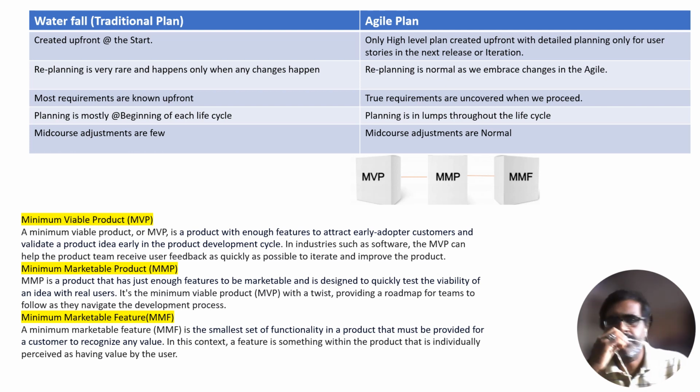And while discussing prioritization, we are going to discuss customer value prioritization and story mapping. So these are the important points to be discussed in this chapter.